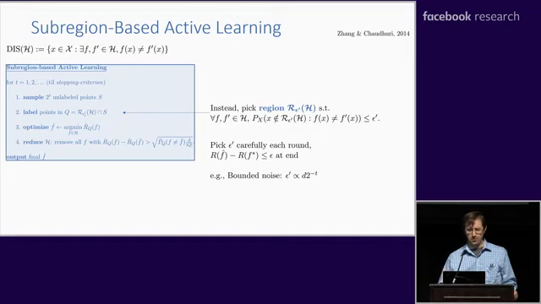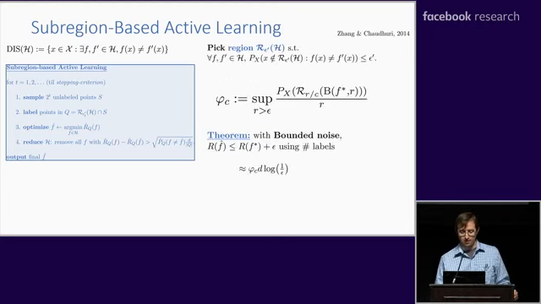In particular, for bounded noise, if you run this algorithm with epsilon prime something like d times 2 to the minus t, the algorithm will still have the property of preserving f star in the hypothesis class, and you get a label complexity guarantee.